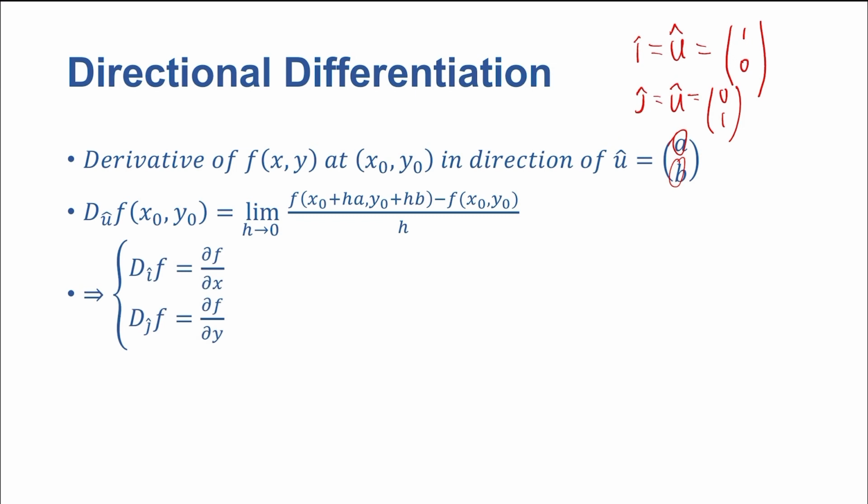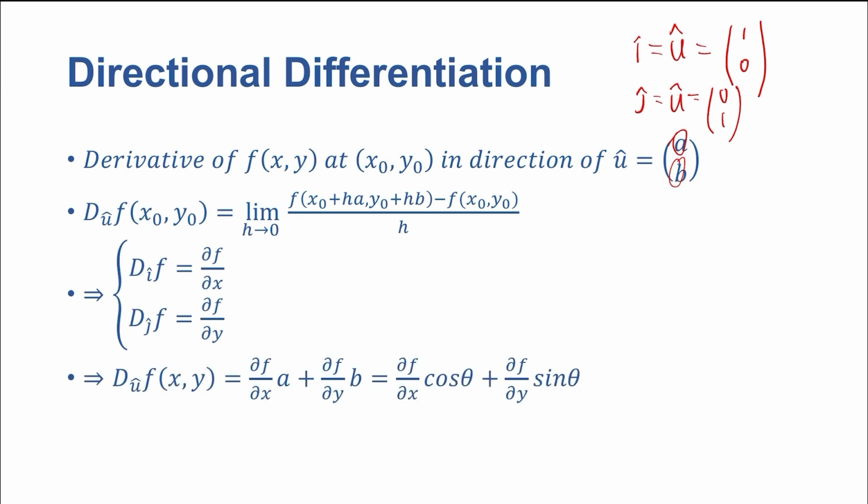And if I take the directional derivative along j hat of f, then that's equal to partial f partial y. So this reduces to our general case for the partial derivatives. So what we can do is we can actually say that the directional derivative of f of x and y in the direction of u is equal to partial f partial x times the a component, plus partial f partial y times the b component.